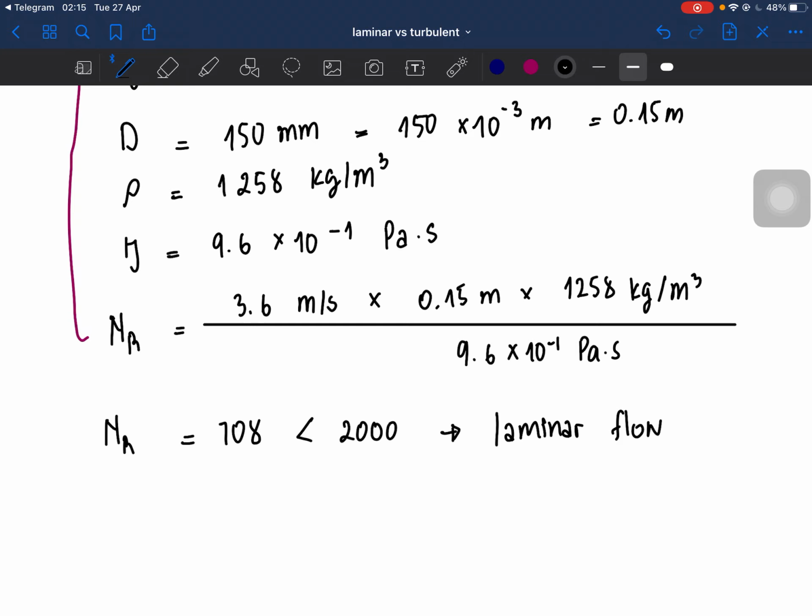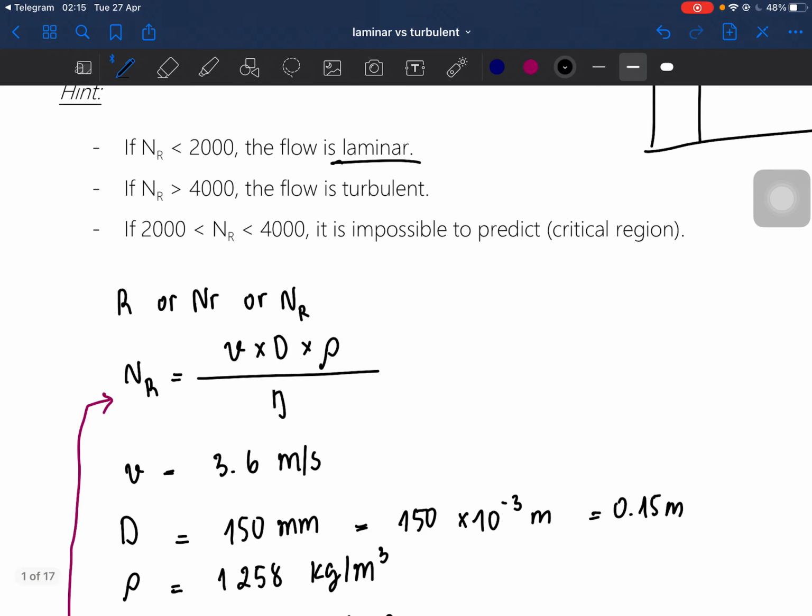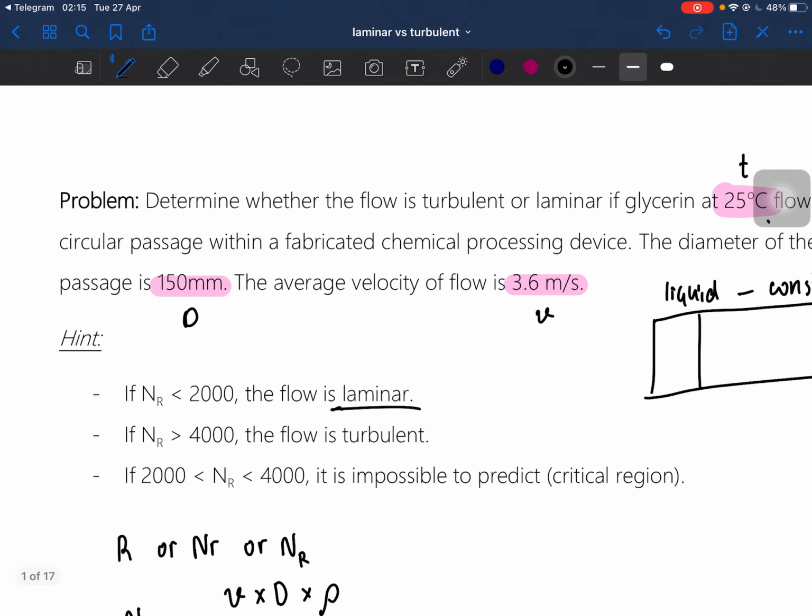All the terms were expressed in SI units. Sometimes we have to use US units, like inch, feet, gallons instead of liter, and cubic feet per second instead of all these SI units.